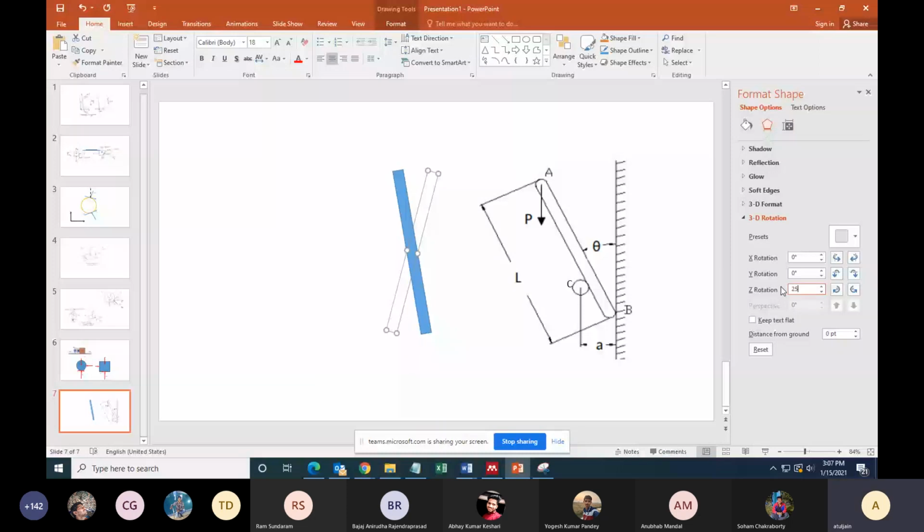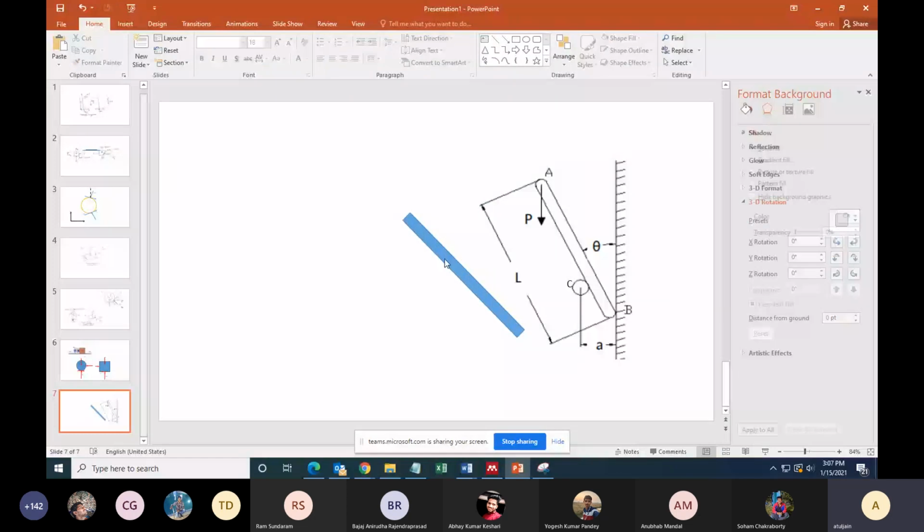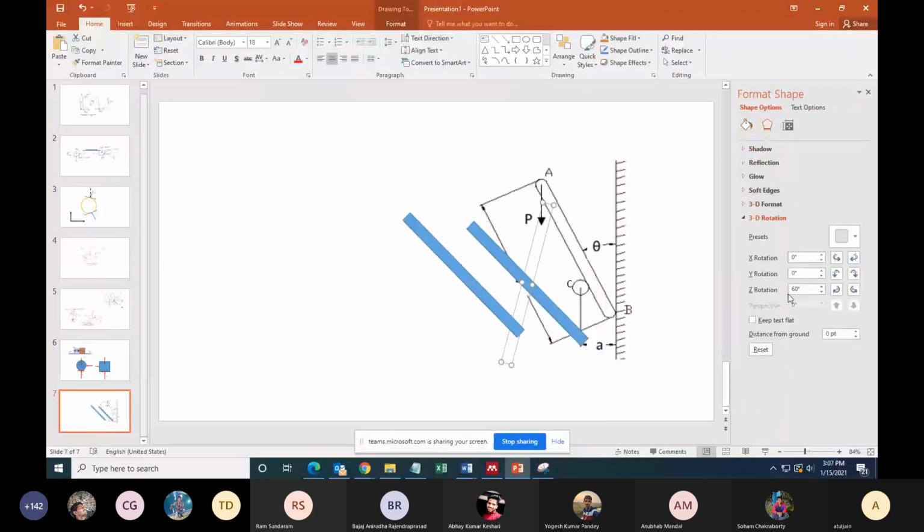The entire thing, this AB, wants to become like this. This is one possibility. From 35 degrees, this angle increases to 45, 60 degrees. So the rotation is about C. And the second possibility is simply that this wants to go like this.